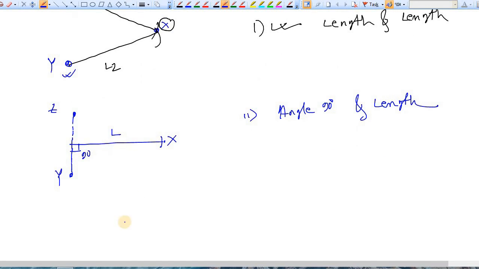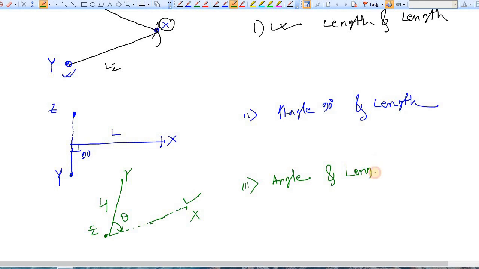The third option: let's say this is your X, Z is here and Y is here. This distance L1 is known to you, but this distance is not known, but you know the angle theta. You can locate X. So the third option is an angle which is not 90 degrees, and a length.